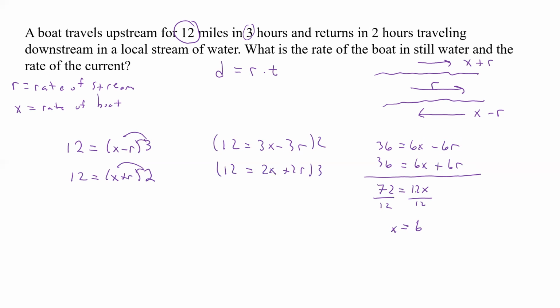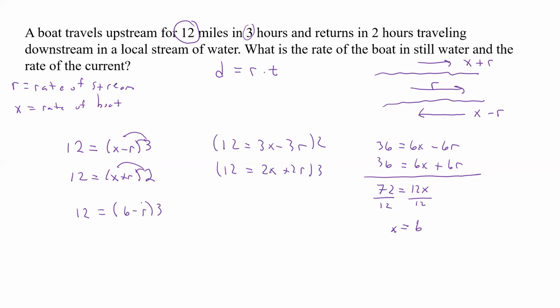All right, so we have that, and that's the rate of the boat. Now we're going to figure out how much the stream is. So we need to plug that back into one of our first equations. It doesn't matter which one. We can do 12 equals, now x is 6, minus r, times 3.